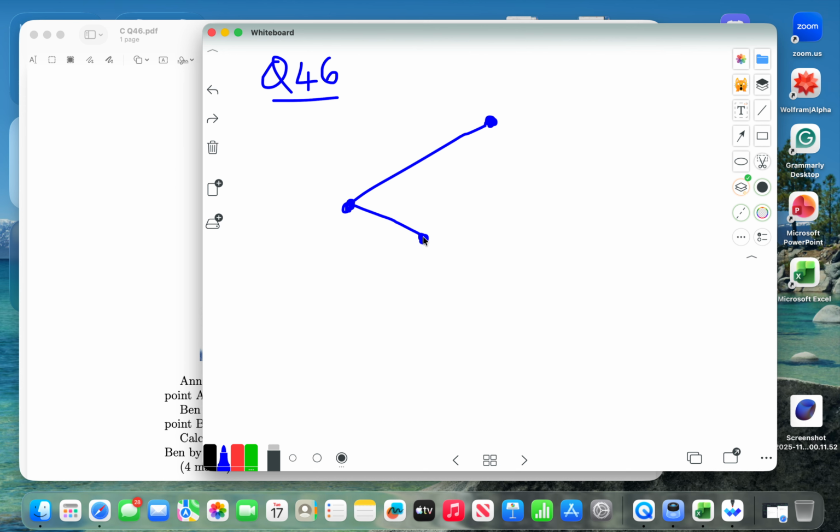So what we want to do is we'll label this A, label this B, and label this X. And the shortest distance that we want to find is going to be this.